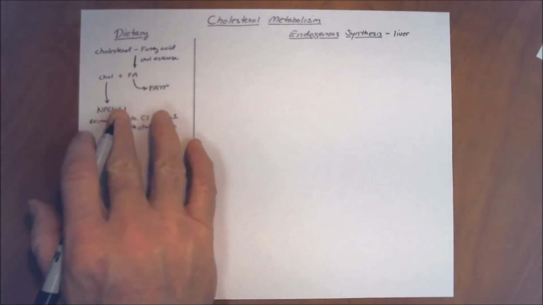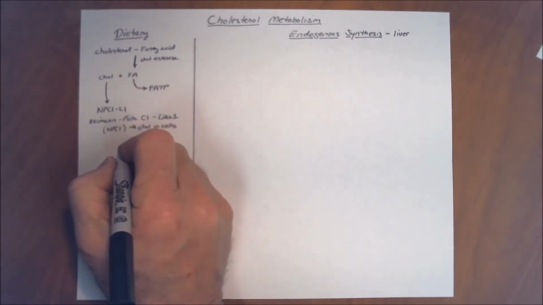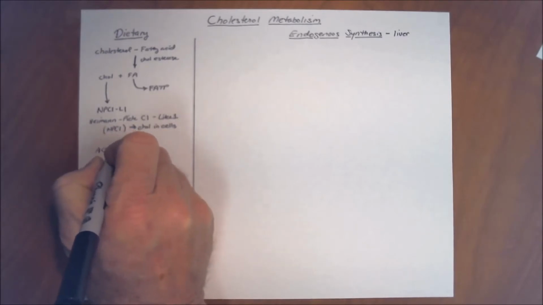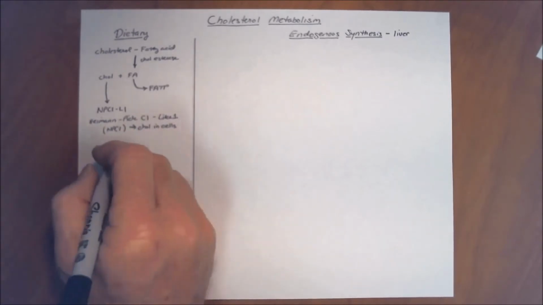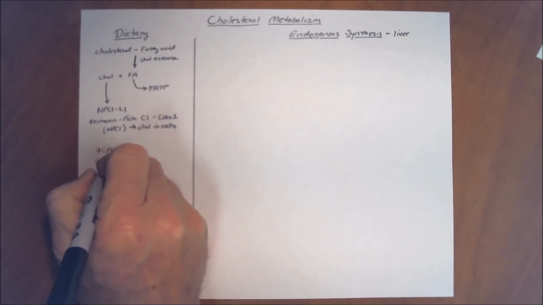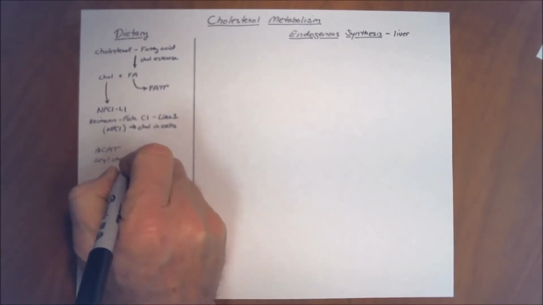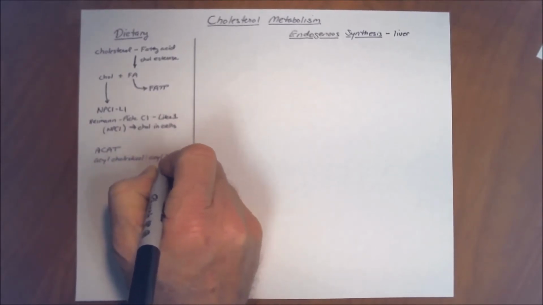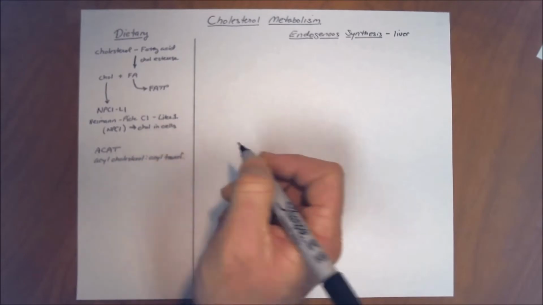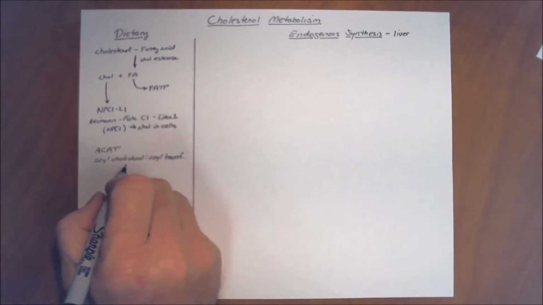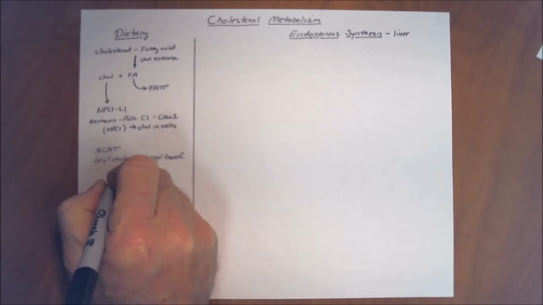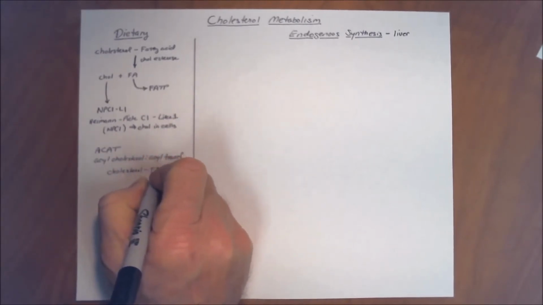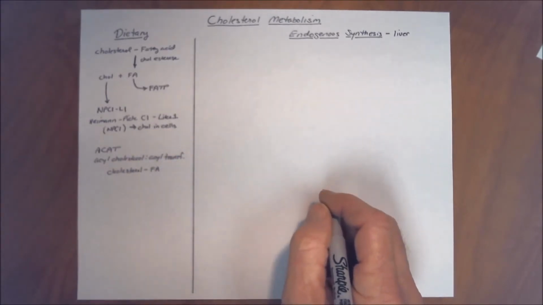Now, of course, once we have these back inside the enterocyte, then we will use the enzyme ACAT, acyl-cholesterol acyltransferase, in the smooth endoplasmic reticulum, and ACAT will resynthesize the cholesterol ester, cholesterol with covalently coupled fatty acid.